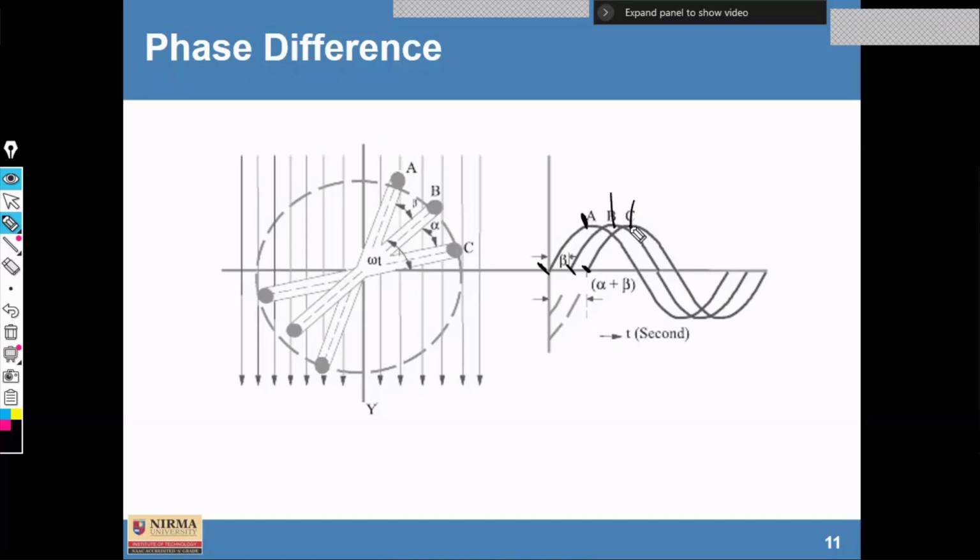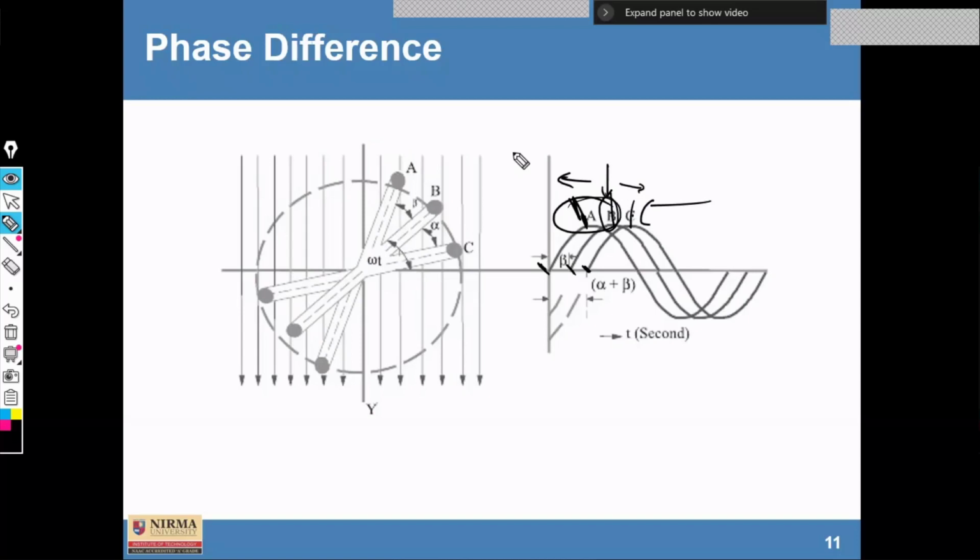With respect to A, B and C are lagging quantities. With respect to B as a reference, A is a leading quantity and C is a lagging quantity. And with respect to C, A and B both are leading quantities. Agreed? Any question?